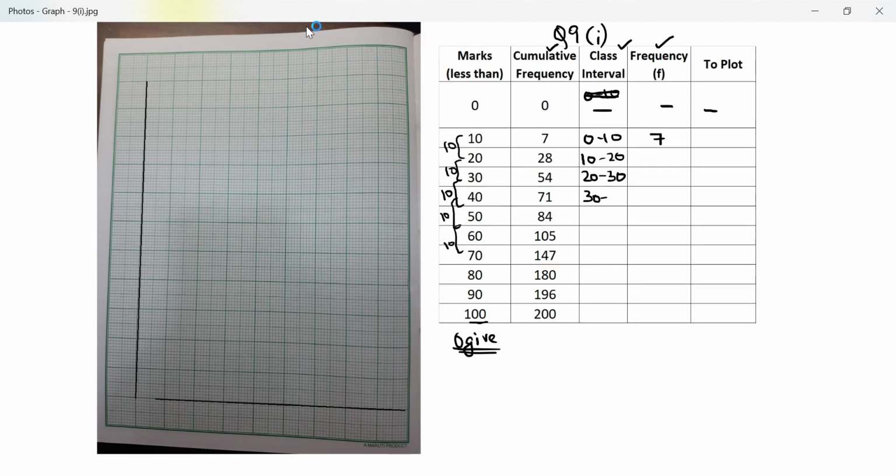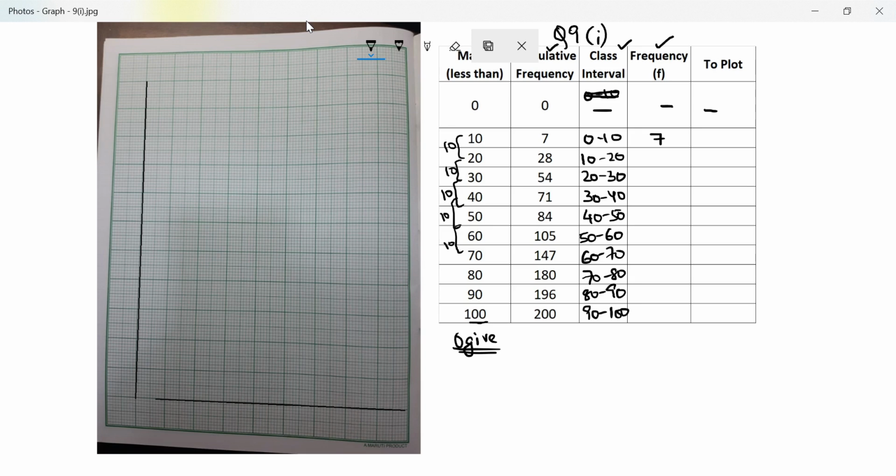That's 40 to 50, 50 to 60, 60 to 70, 70 to 80, 80 to 90, and 90 to 100. Had you started from the first one, the last one would have been blank. My request and suggestion though is leave the first one blank.